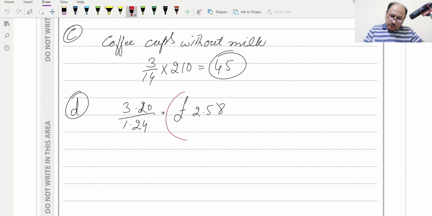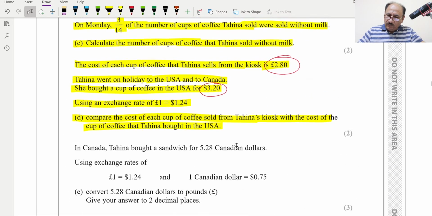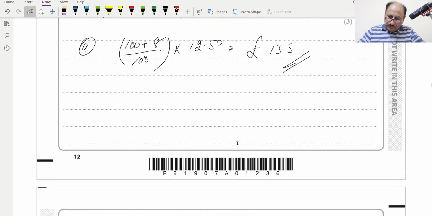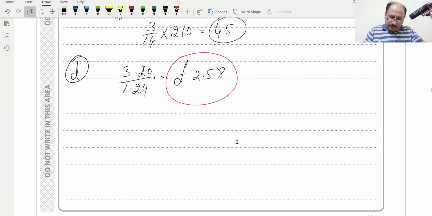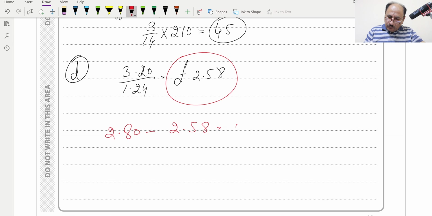This is the price which she paid in USA, and she is selling at her kiosk at the price of 2.80. So 2.80 minus 2.58 will be the difference, and we can check the difference. 2.80 minus 2.58 is equal to 0.22 pounds. Basically this is in terms of pounds.